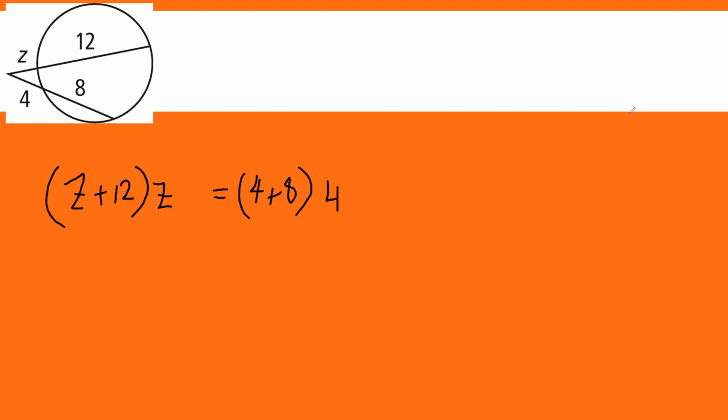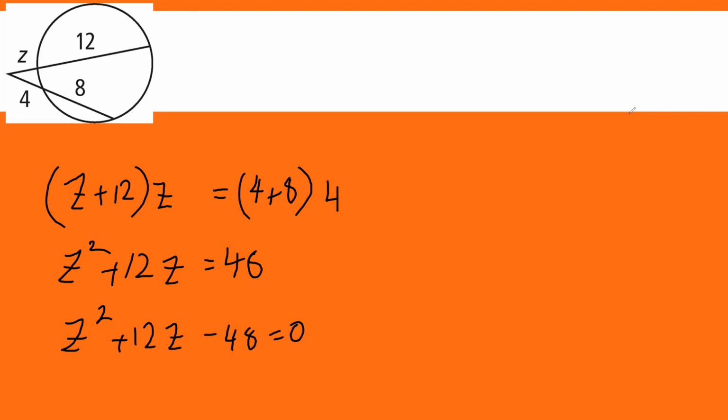Do you remember the theorem? Yes. So here z squared plus 12z will be 12 times 4, which is 48. So I have z squared plus 12z minus 48 equals 0.